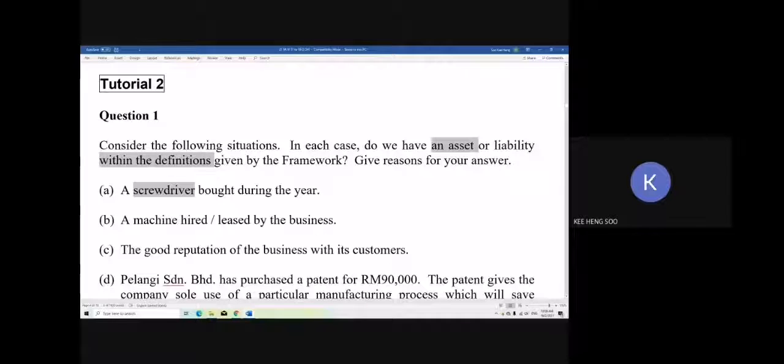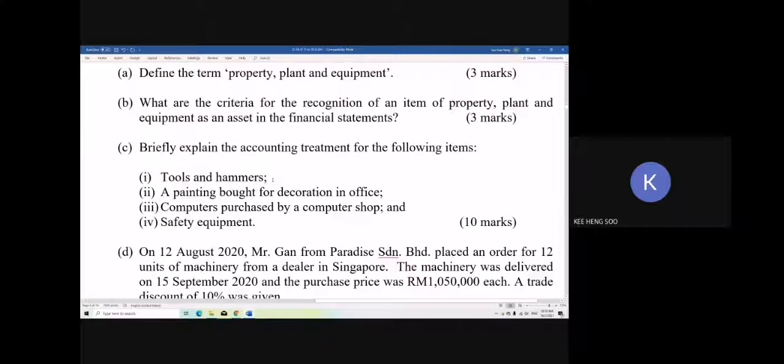Sell all these equipment, tools. Also sold by the hardware shop. So it becomes inventory.